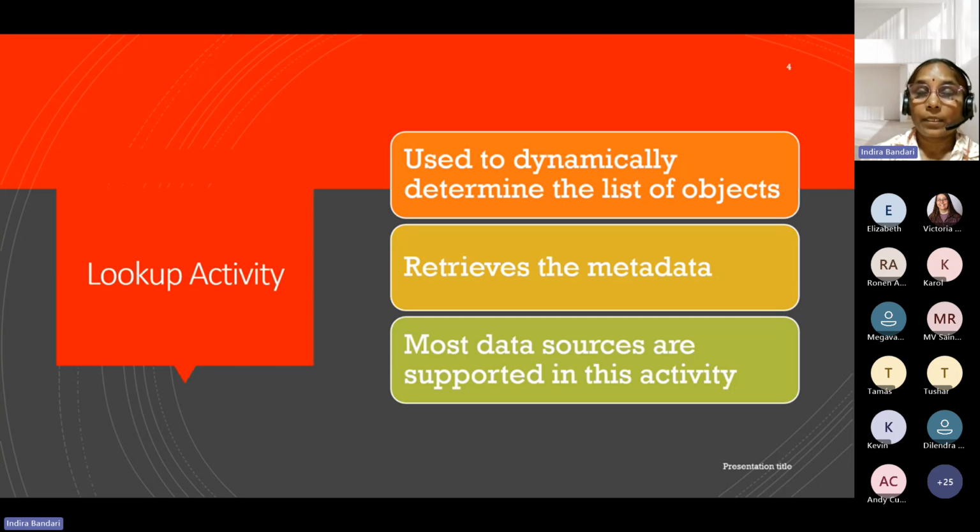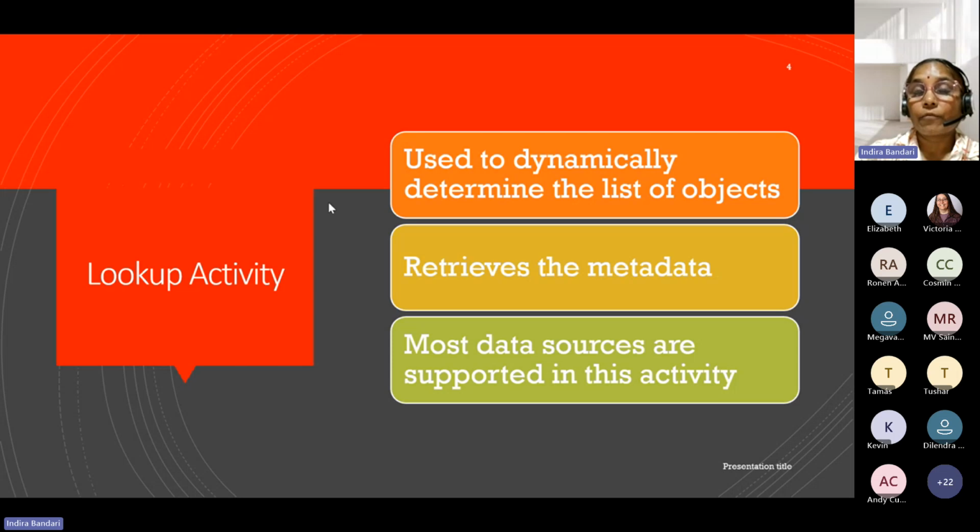If we do just the copy activity, we can just copy one table into the blob storage. But how do we copy multiple tables? Do we need to do multiple copy objects, or can we do it with just one copy object? That's what we are going to do today.